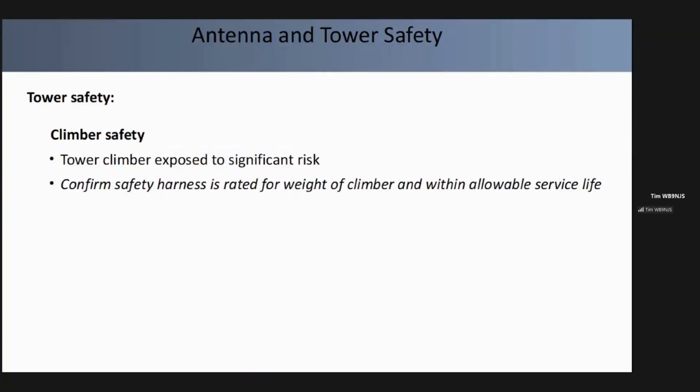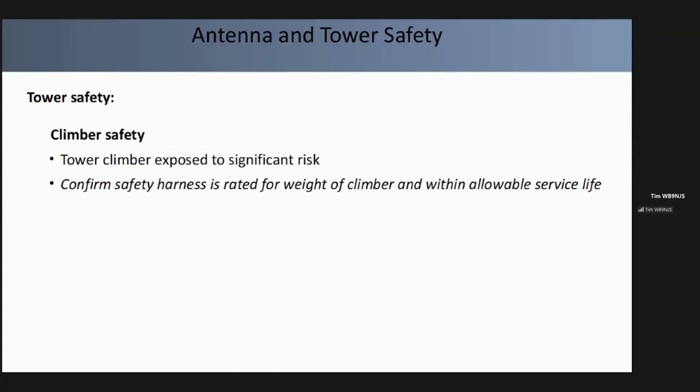Anytime you're climbing a tower, you should be wearing a safety harness, and it's the responsibility of that climber to confirm that the safety harness is rated for the weight of the climber and within its allowable service life. These harnesses do come in different sizes.